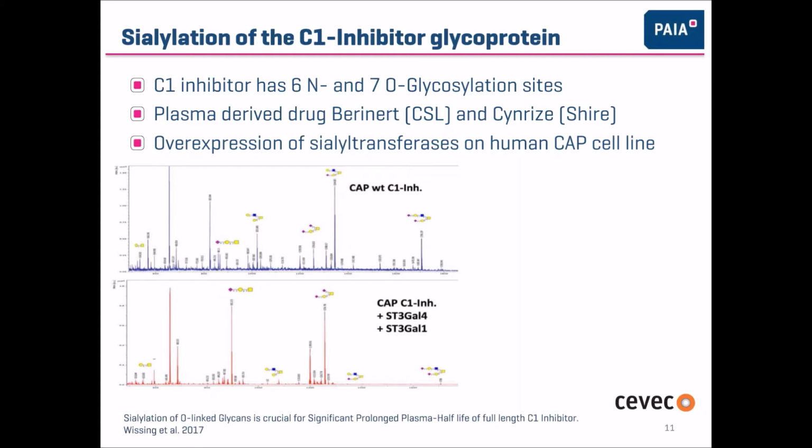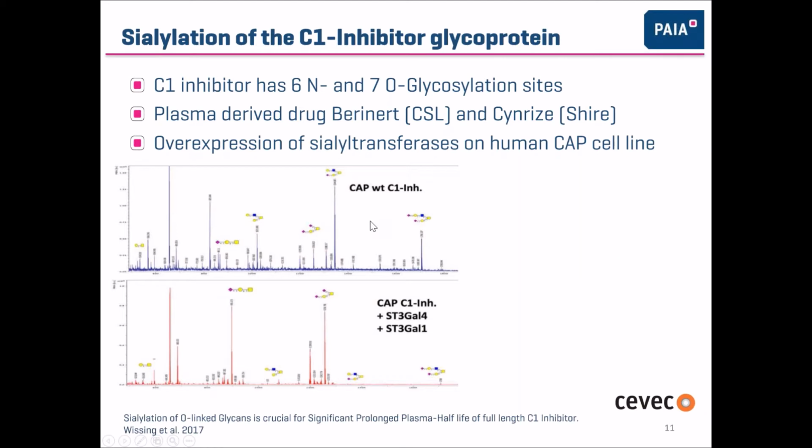So there are plasma-derived drugs on the market called Berinert and Cinryze. And if one wants to come up with a recombinant version, then the main issue here is half-life. So the company Civic used a genetic engineering approach to help, and they overexpressed different sialyltransferases in their human CAP cell line.